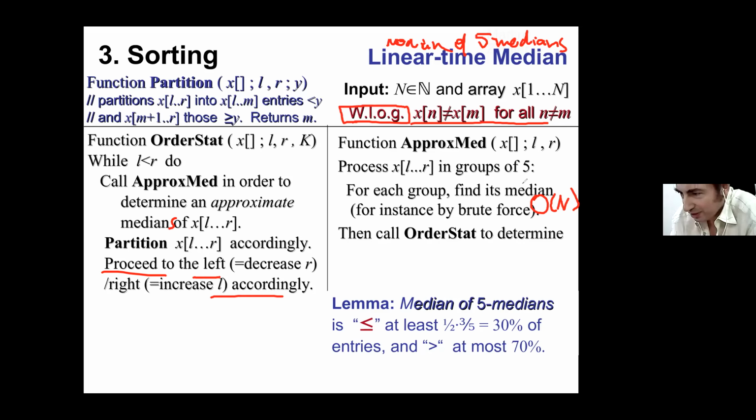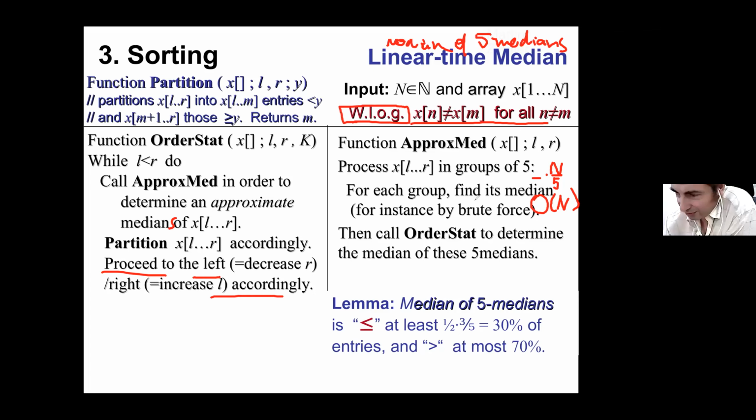So we have capital N over 5 such groups, and then this gets multiplied by a constant. Of course, the worse the constant, the more time you spend, but up to constants in n, it doesn't really matter. The important point is that you can always do this, for example, by sort. Later I will try to get a little bit more specific about constants. So remember that this constant in this O of n depends on how many operations you need to find the median in a group of 5. But as long as it's a constant, it's O of n.